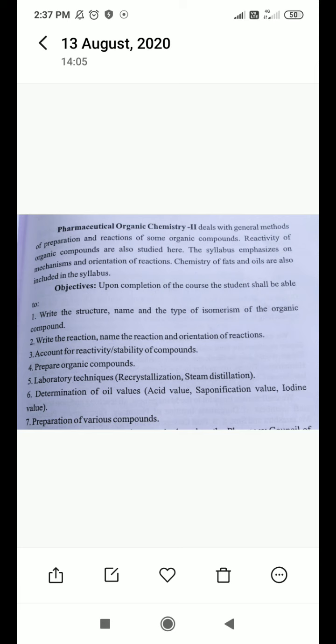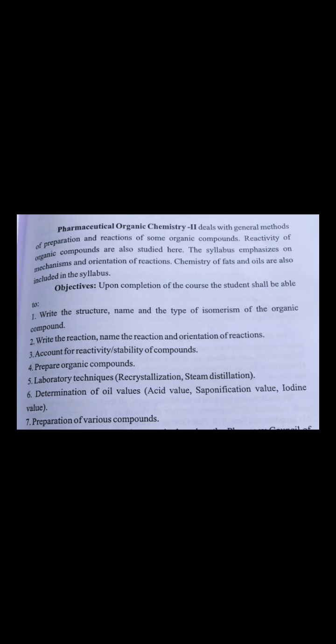Then you will understand different techniques like crystallization and steam distillation, which are isolation and purification techniques, how they are used, which instruments and assemblies are required for that, etc.